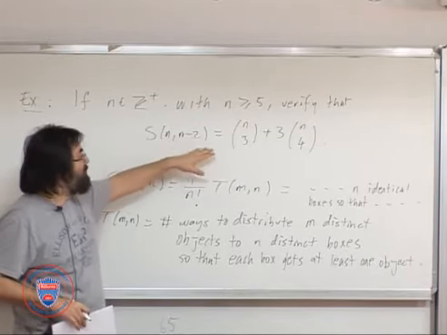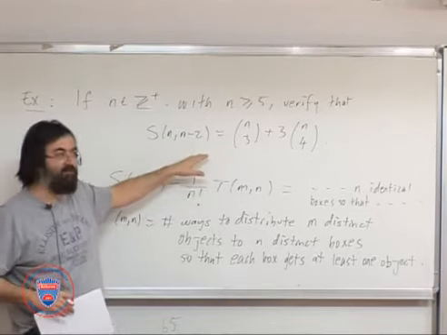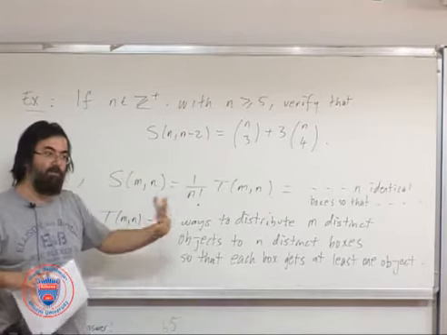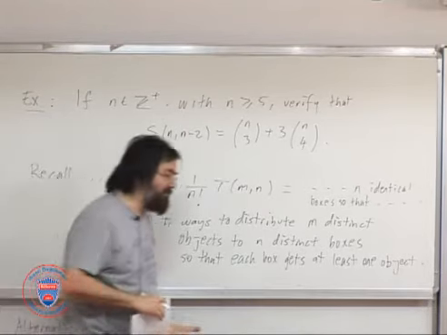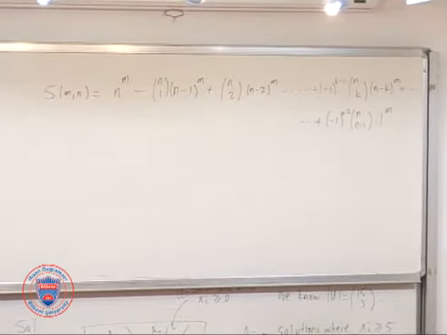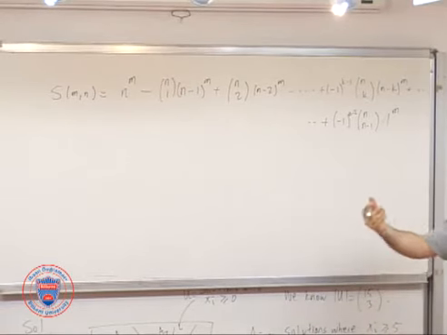So the only way to verify this is not to use this formula. If you try to use this formula, it's not going to be verifiable. This is one of the miraculous things about Stirling numbers: many very ugly sums that come from Stirling numbers turn out to be equal to something very simple.